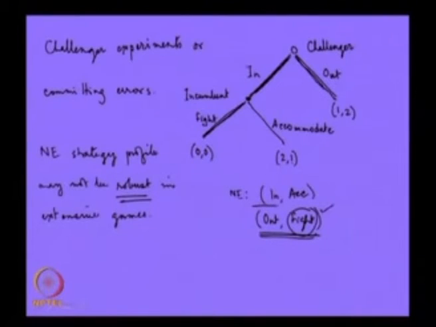For the incumbent in this case, fighting is not optimal, though it is coming out as the Nash equilibrium strategy profile. So, that is why we are saying that a Nash equilibrium strategy profile in an extensive game may not be robust.